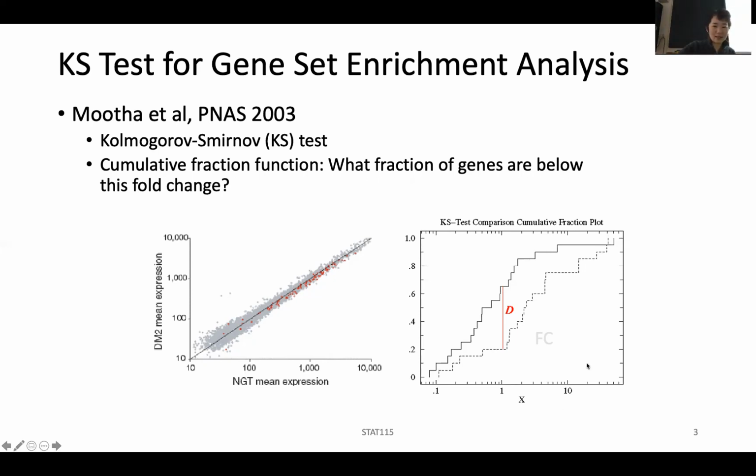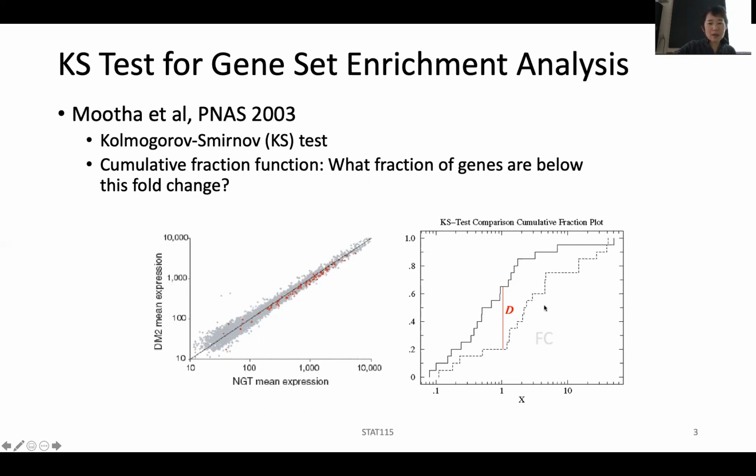That is the fold change of 0.1. Then there will be a little bit more genes with the fold change below maybe like 0.5, and then there will be more with fold change below 1. And usually this one is maybe not the best example. Usually you would expect the majority of those genes are not differentially expressed, so they should give you a fold change around 1. That's why this is not necessarily the best background.